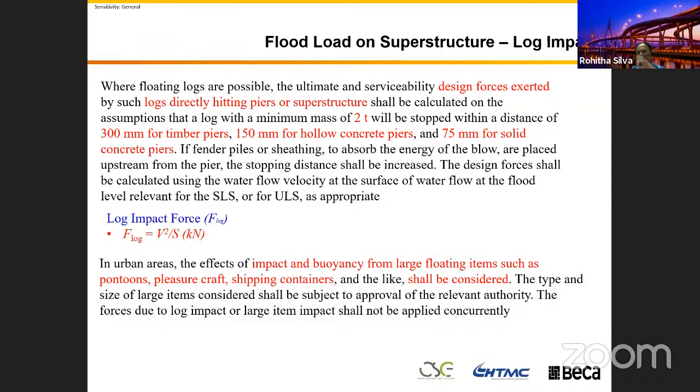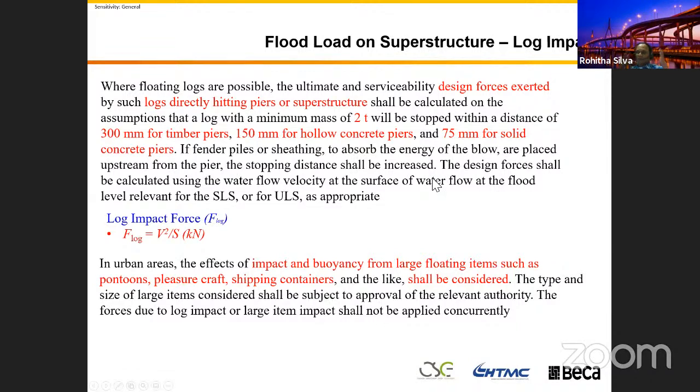So then the momentum and kinetic energy in that object is the mass times the velocity, and the velocity you can calculate corresponding to the flood event. When it hits the structure, that structure could be timber, a hollow concrete pier, or a solid concrete pier.